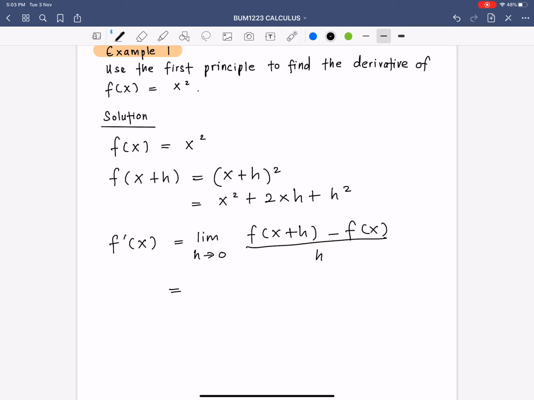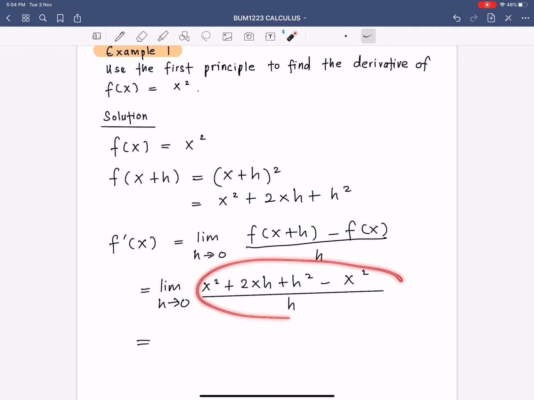So we have x squared plus 2xh plus h squared minus f(x). Here f(x) is equal to x squared, so minus x squared. Sorry, I missed the part for the limit, so we will erase this. It is equal to the limit as h approaches 0, over h. So now we simplify this expression.